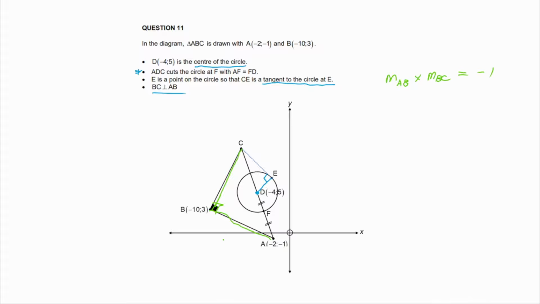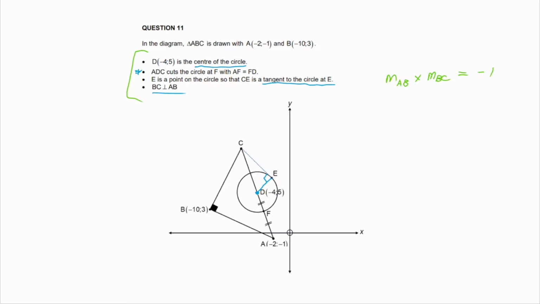Why? Because they're perpendicular. We might have to use that fact. Again, you see how many times we're analyzing the question before we're even looking at what they want. We're trying to get as much information as we can and thinking as much before we get into the problem.